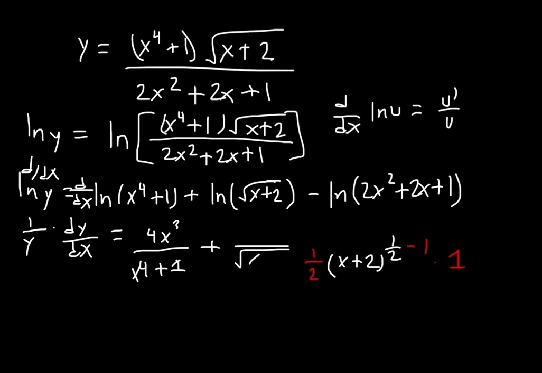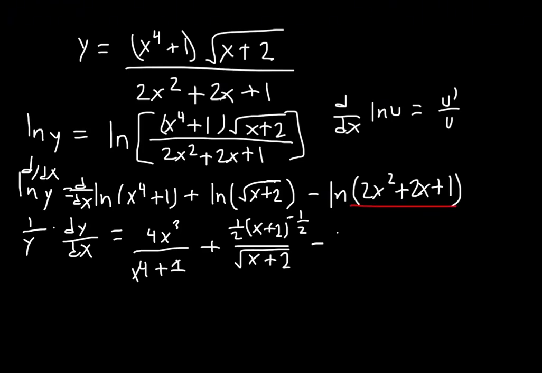So on the top we have the square root of x plus 2, and then x plus 2 to the power of negative 1/2. Subtract. So the derivative of this function: the derivative of 2x squared, subtract 1, bring down the 2, so we have 4x.